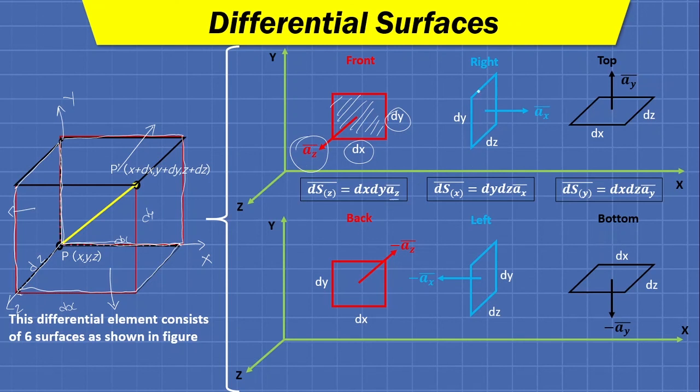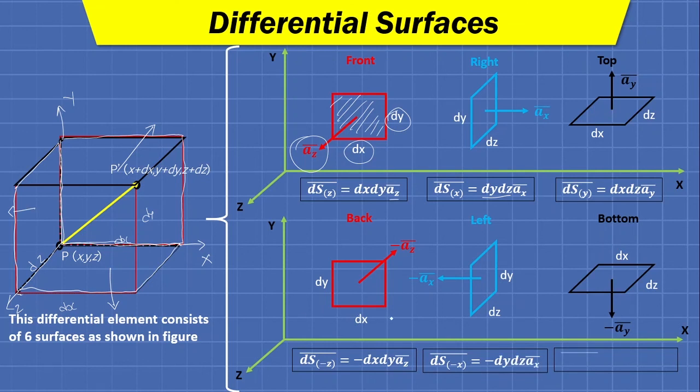Similarly, for right hand surface, we can represent it as ds x, that means the differential surface in the direction of positive x, so it will be dy dz, which is the magnitude of this surface, and ax bar is the direction of that surface, because you see the surface area is not a scalar quantity, but rather it is a vector quantity. And same way we can write the equations for the remaining differential surfaces.